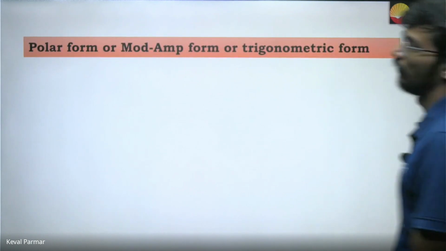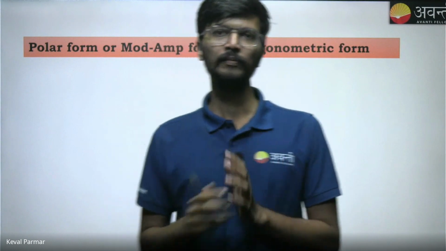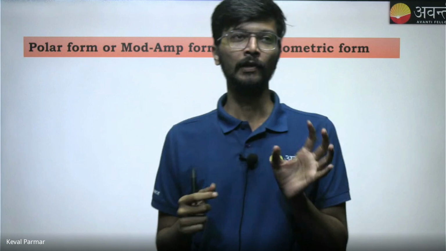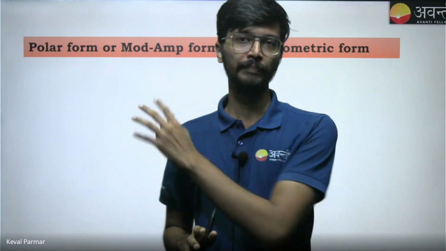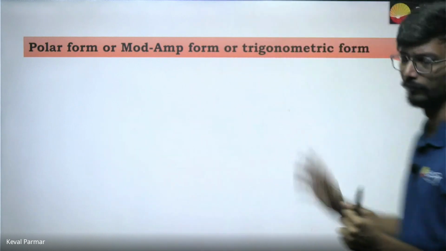Polar form, or modulus amplitude form. Now, this form is very useful when doing certain types of questions. We'll discuss those questions as well, but please remember, this form is very helpful for us. So, what does polar form mean?